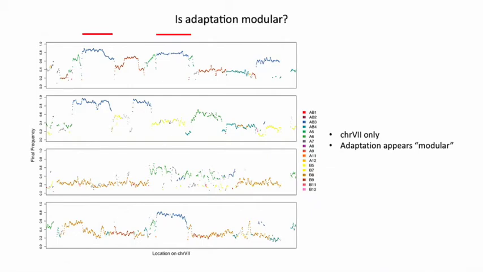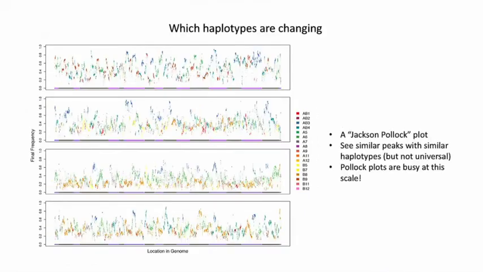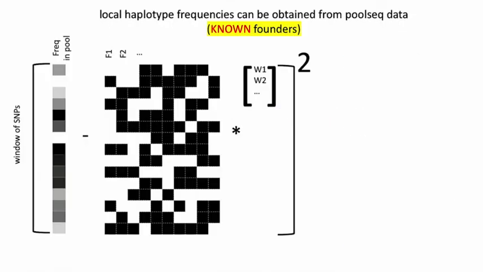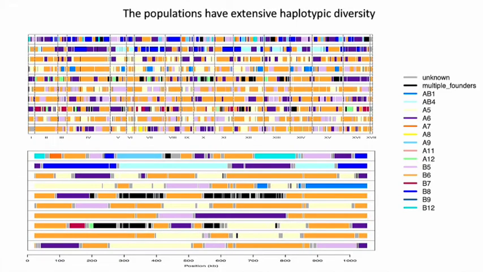Yeah, that's physical distance, yeah. Oh, these are, well, I mean, again, if you go all the way back and look at those haplotypes, the blocks are much smaller.